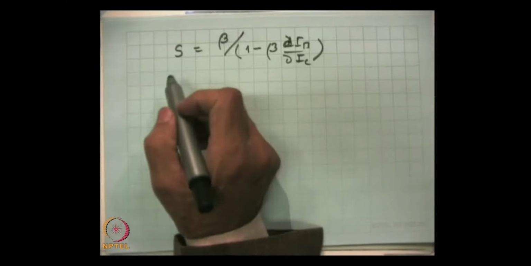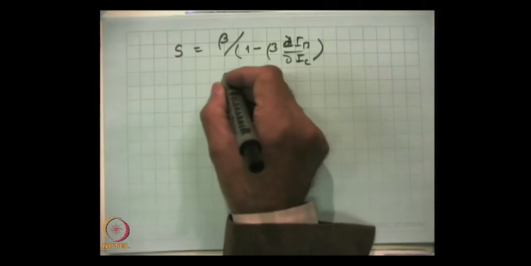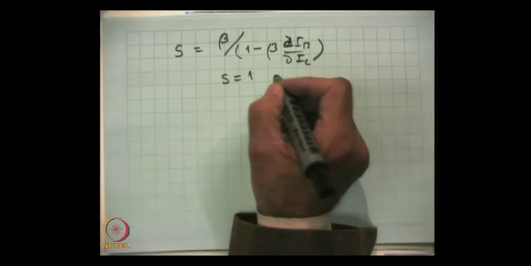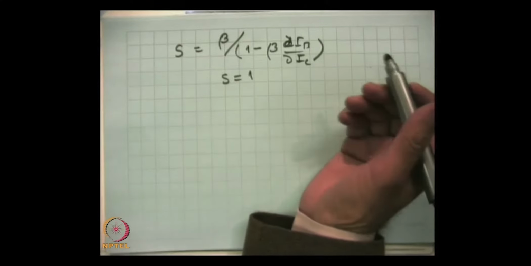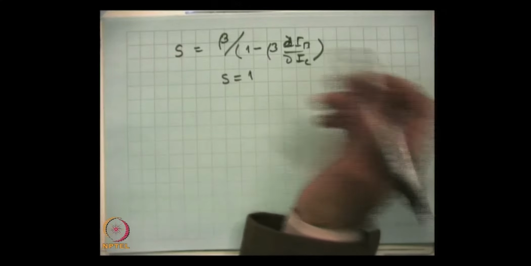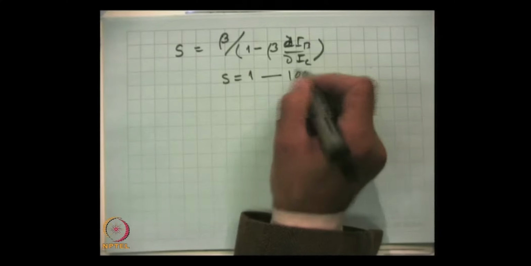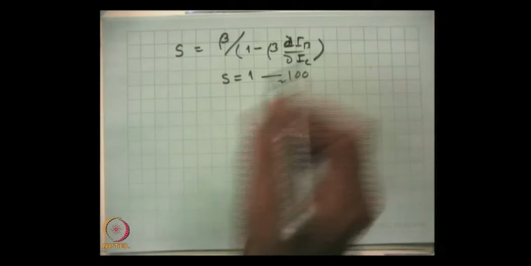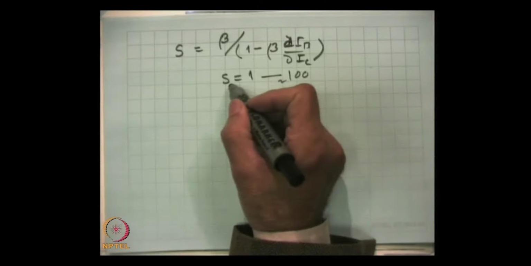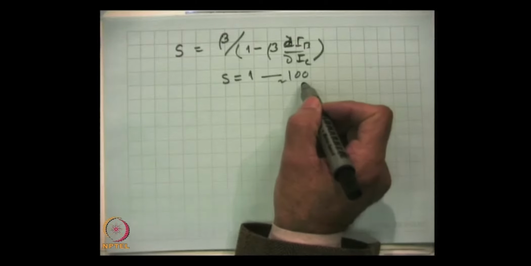Now, the stability factor may vary; the smallest value possible is 1 and higher may be say 50, 100 or so. This is ideally stable, this is very unstable.